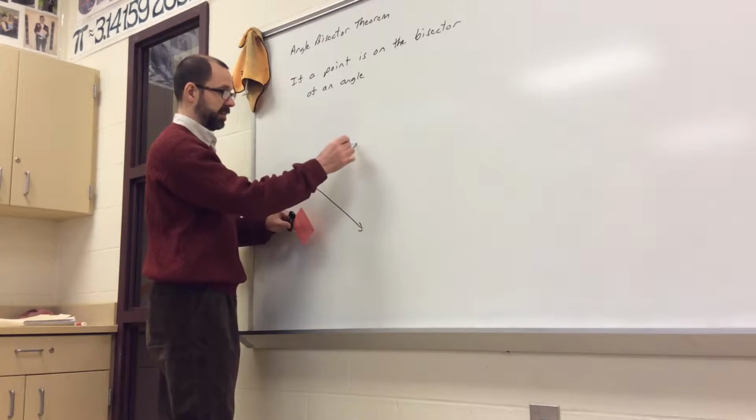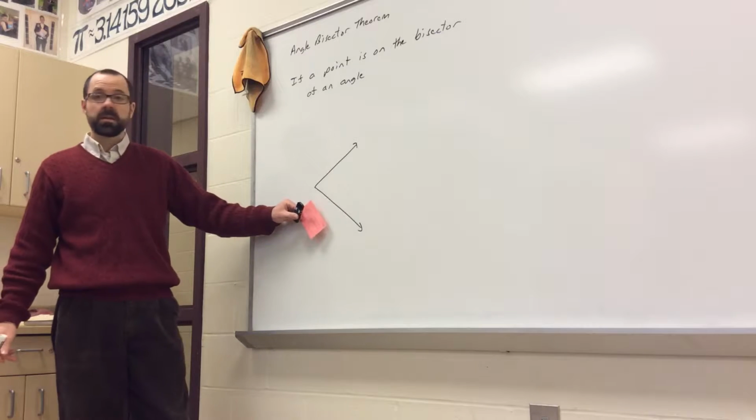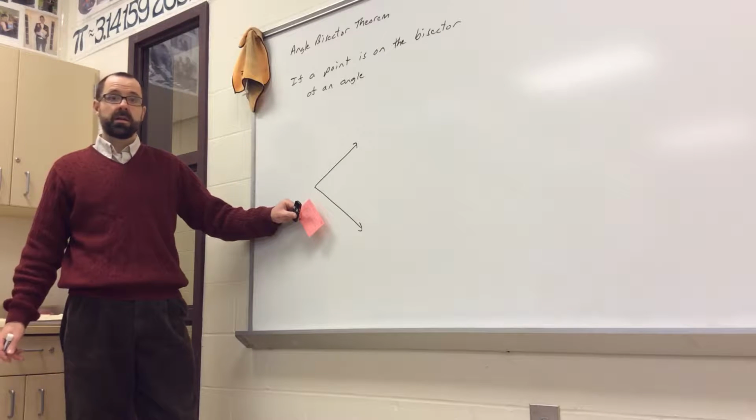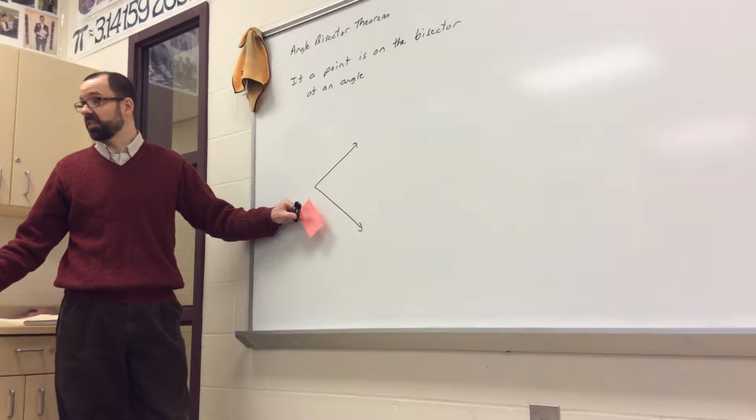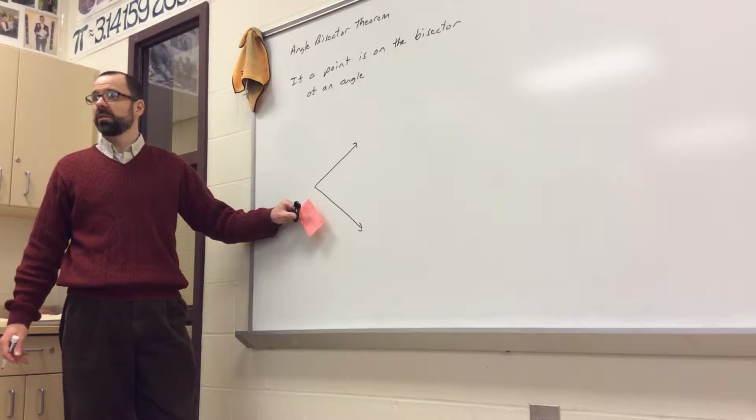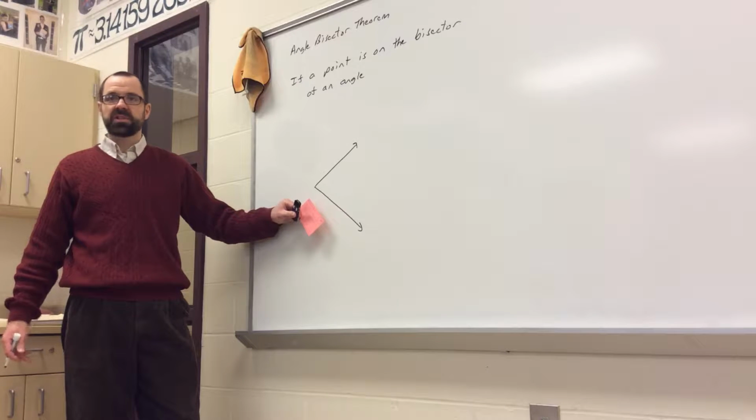So let's draw that. And then they're talking about the bisector of the angle. What does that do? Cuts the angle in half, right?